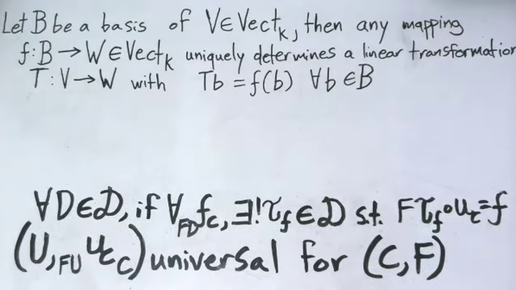Let's look at another example of universality in a slightly different context, which is linear algebra and vector spaces. So this example is, in my opinion, one of the more intuitive examples.